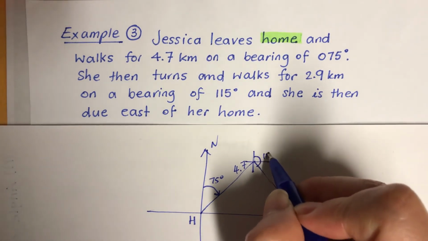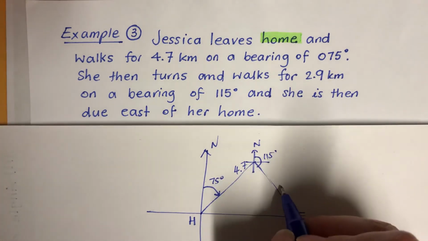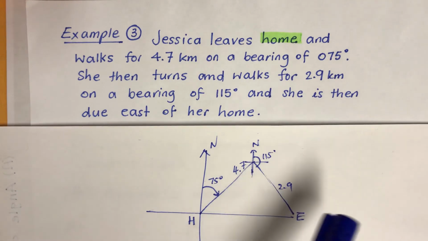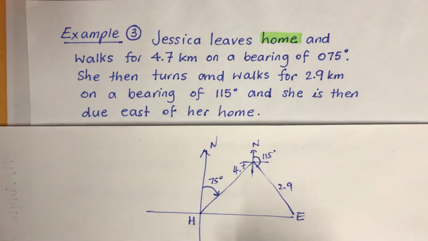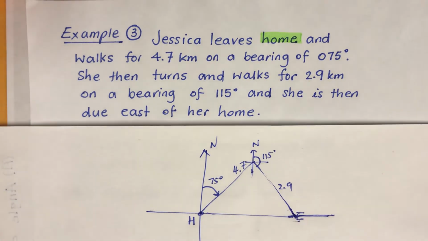The 115, that's north, 115 degrees, and it's 2.9. And then what happens? And she is then due east of her home. Home's here, east here, so what happens here? It meets here. Okay, that's what it means.